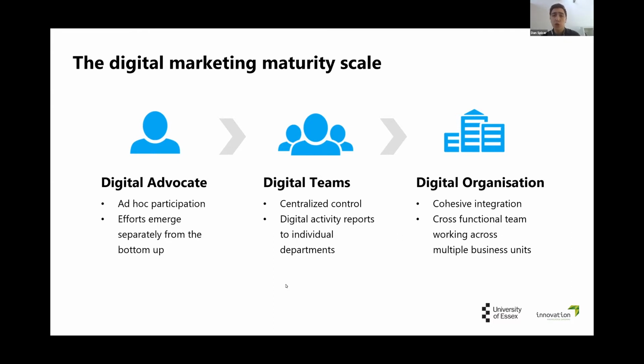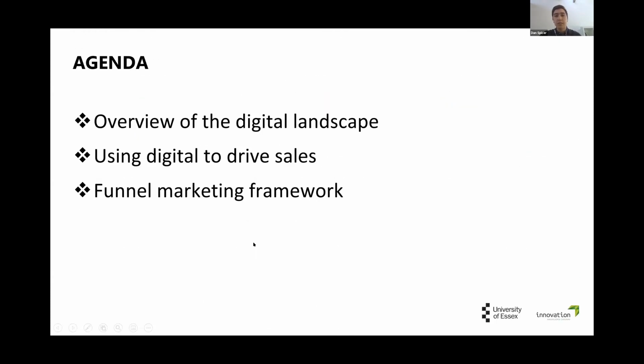Then as you mature, companies move to the middle point in this scale, where you might have a digital team. That's where you might have a digital marketing manager who's solely responsible for this strategy, and maybe a number of people underneath them, all the way through to mature organizations on the right hand side, where digital really is an intrinsic part of the business and drives all areas of customer acquisition.